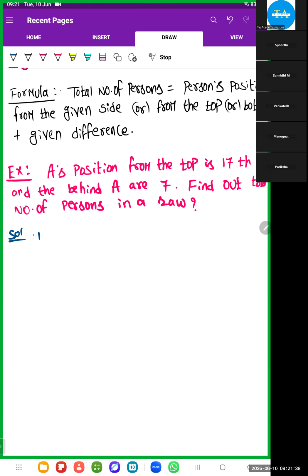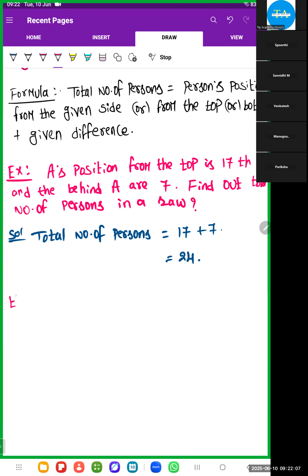Then we get the answer. The person position is 17, and plus the given difference, which is plus 7. So 24 is the correct answer.